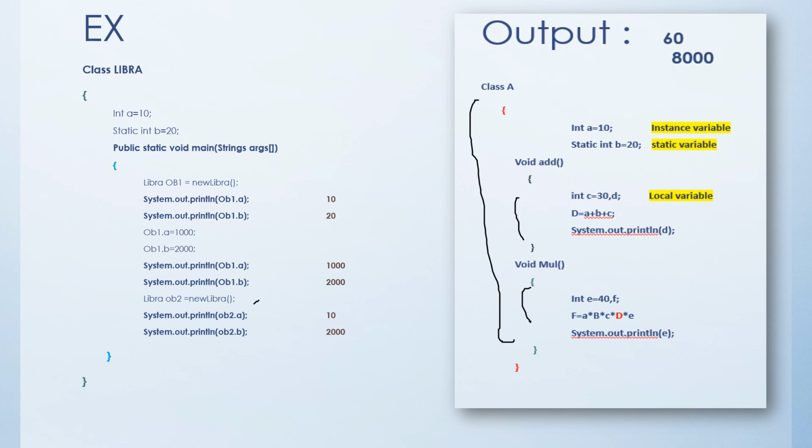With the static keyword, it is a static variable. A variable declared within a method, constructor or block is a local variable. I hope you all understand these concepts.